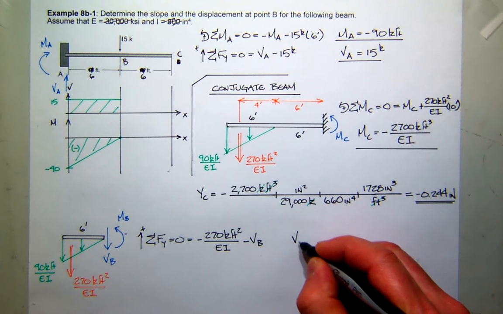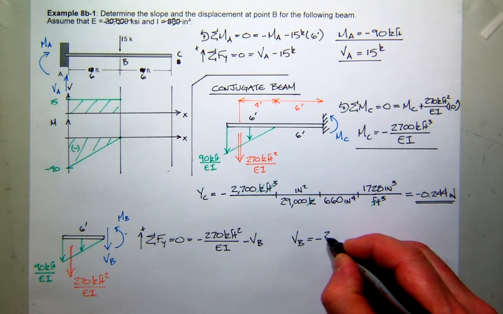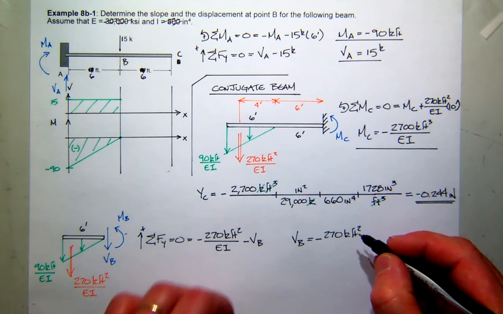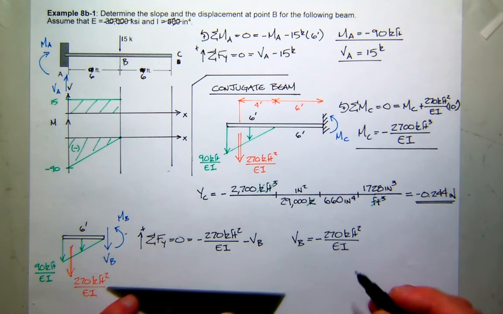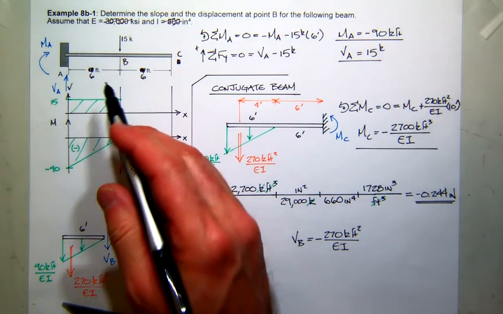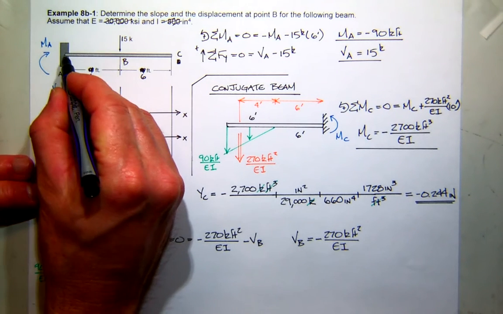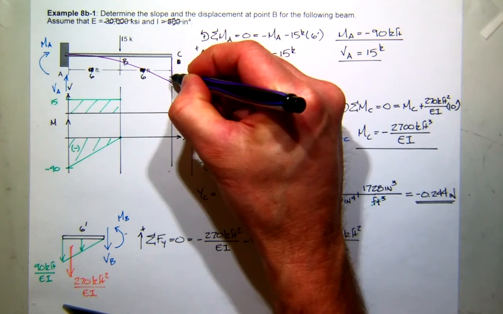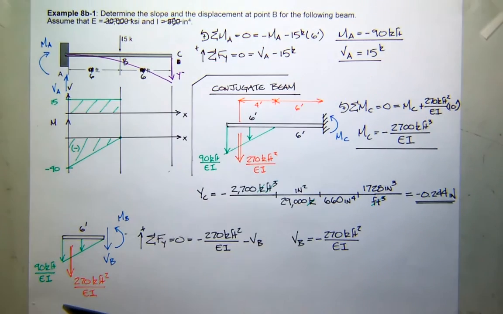So it looks like my shear at B is negative 270 kip feet squared over EI. So should my slope at B be negative? I think so. I think your deflection is going to look something like that. So you can see we have a negative displacement, and you can look at the slope here, and that's a negative slope. So the signs seem to match.